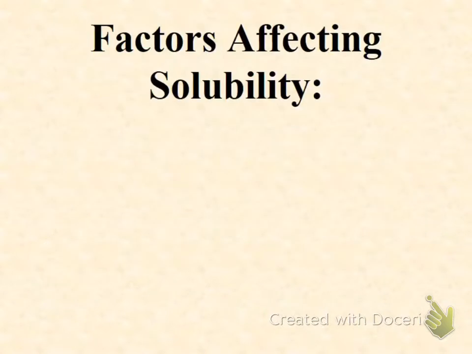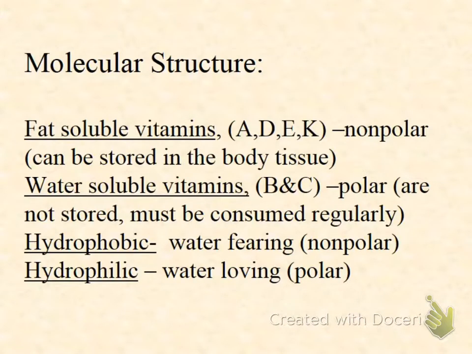So some of the factors affecting solubility is the molecular structure. For instance, you have fat-soluble vitamins, vitamins A, D, E, and K, and they're nonpolar, so they're going to be stored in the fat because fat is nonpolar. Water-soluble vitamins such as B and C are polar, and they're not stored.